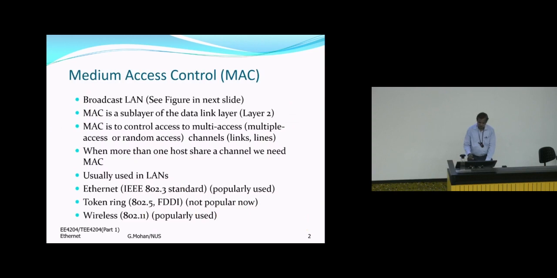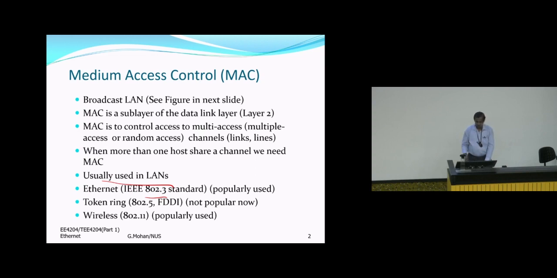And they are usually used in a local area environment. They are not used in wide area or metropolitan settings where they would need to transmit 100 kilometers, 1,000 kilometers and so on. Not possible. Ethernet is standardized as the IEEE 802.3 standard, and that is popularly used. There are different variants. Nowadays, switches are more popular than the basic, traditional Ethernet.